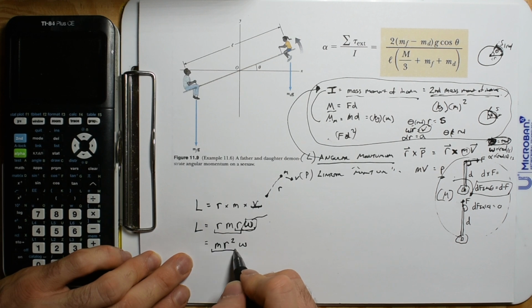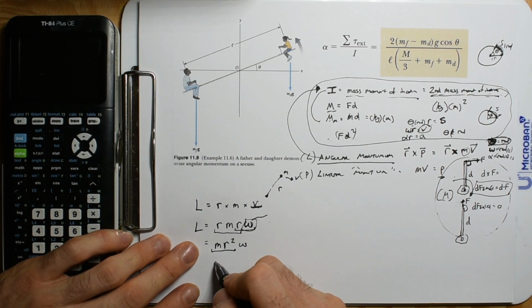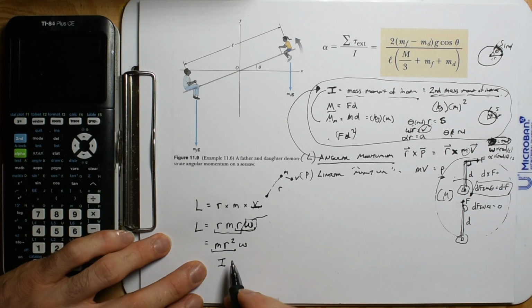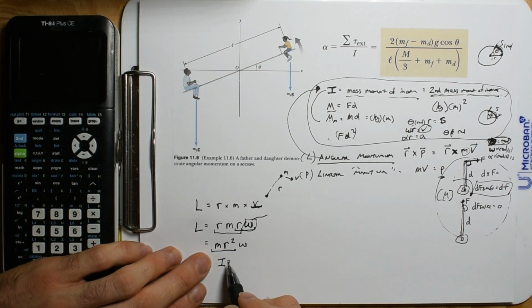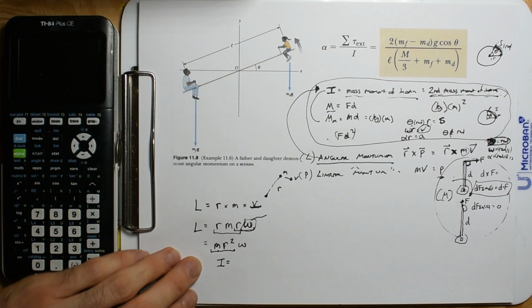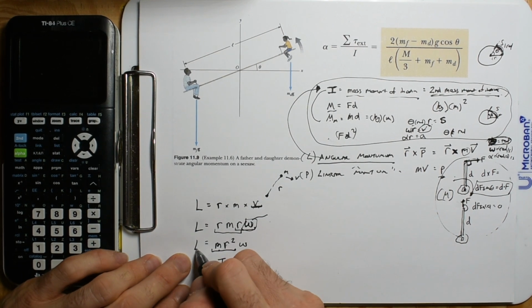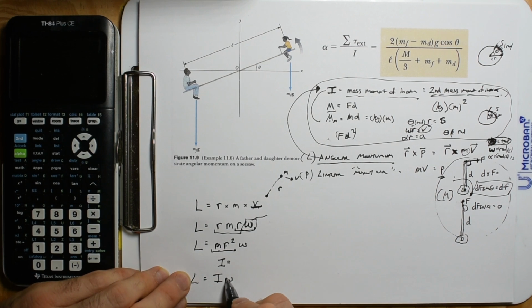And then they lump this and give it a physical property called moment of inertia. It's true to its name, the second moment of mass, or mass moment of inertia: you have the mass right here and then you have the distance squared. So there you go, angular momentum is I omega.